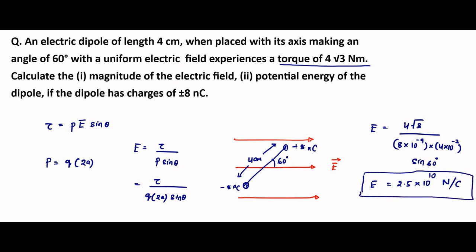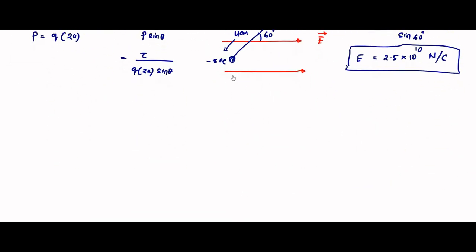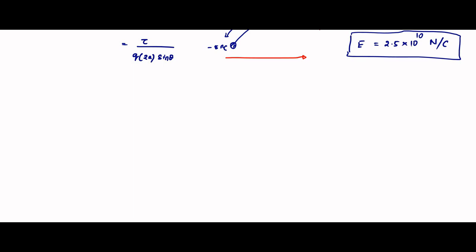The next thing you have to do is to find the potential energy. So the formula, always remember the formula: the potential energy of a dipole is equal to minus pE cos theta.